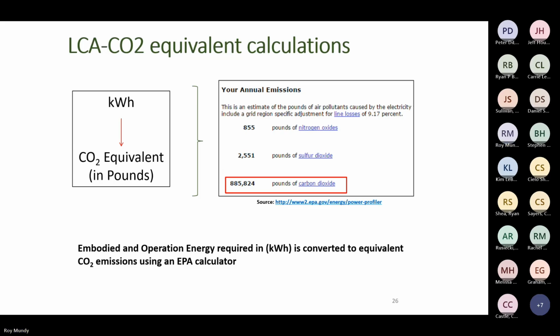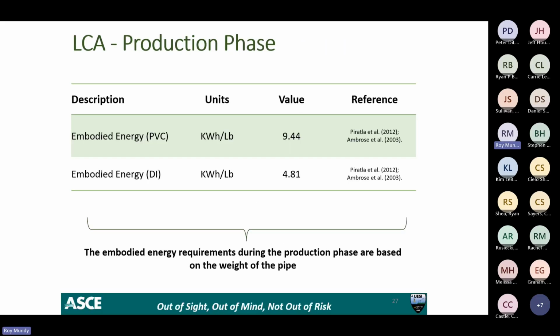And so it has a direct effect on the petroleum market. So along that line, as you can see here, University of Michigan determined that the embodied energy for ductile iron pipe was much less than the embodied energy for PVC pipe in regard to the carbon footprint.